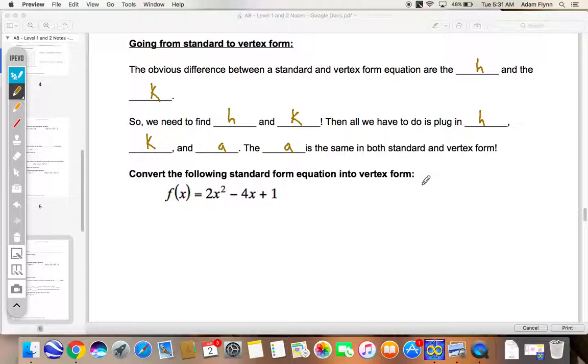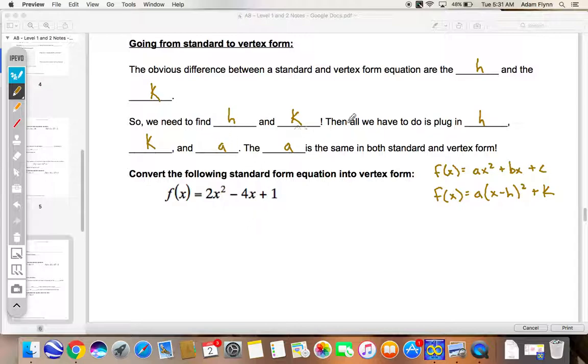So what I'll do here is I'll just write both the equations for my standard and vertex form again. So standard form is ax squared plus bx plus c. And vertex form is a times x minus h squared plus k. So I'm given an equation in standard form here.